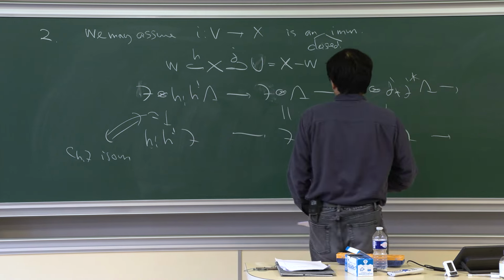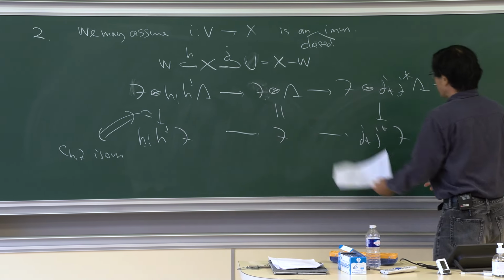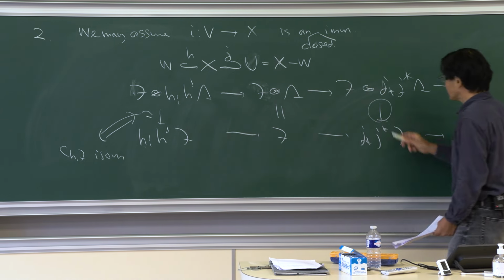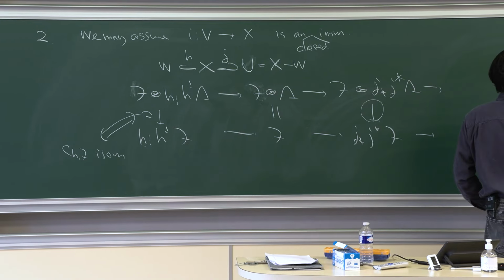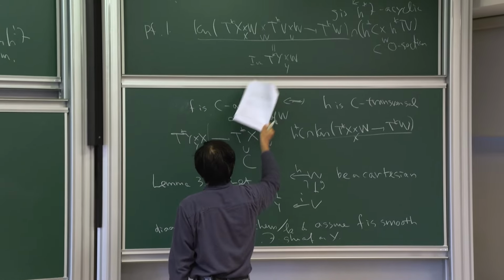And because we can identify this, it's equivalent to say that this is an isomorphism. And this is a consequence of the assumption that F is acyclic.